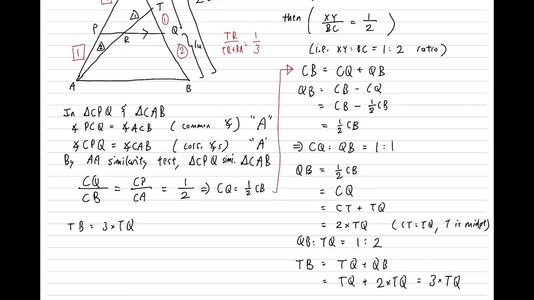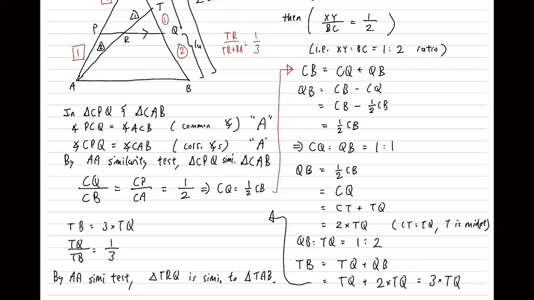Sorry for the messy working. I'm bringing the working back over here to save some space. Then we conclude that TQ over TB must then be equal to 1/3, right? Just cross multiply a bit. Okay, then from there we conclude that, here I'm not going to prove it, but by AA similarity test again, we can show that triangle TRQ is similar to triangle TAB.